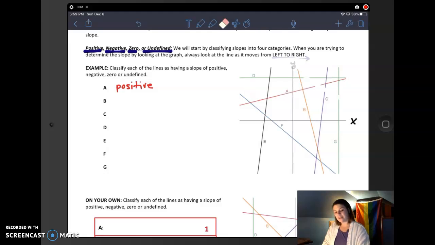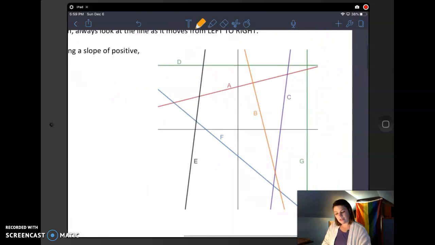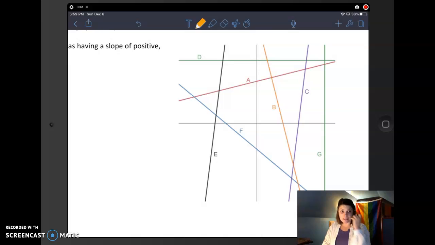All right, let's take a look at line B now. Line B is orange. So this one is pretty steep, but I could still draw my little person over here on the left, most left on the line that I can get, and you can see that he would go wee and slide down the line.